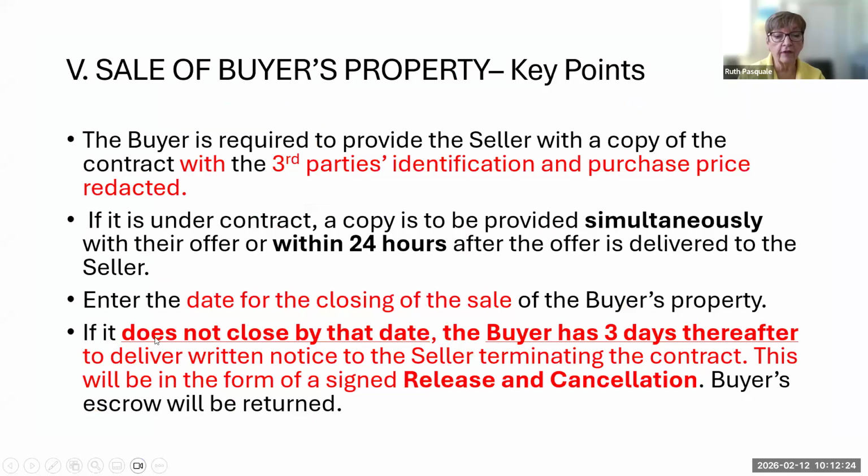And again, if it does not close by that date that you've inserted in the addenda, the buyer has 3 days to deliver written notice to the seller terminating the contract. Okay, that notice is what? It's a release and cancellation for the seller to sign.